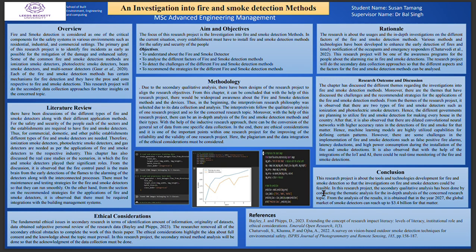However, there are some challenges in the implementation of fire and smoke detections, such as false positive fire alarms, latency delays, and high power consumption during installation. It is also observed that with the help of the integration of IoT and AI, there could be real-time monitoring of fire and smoke detections.